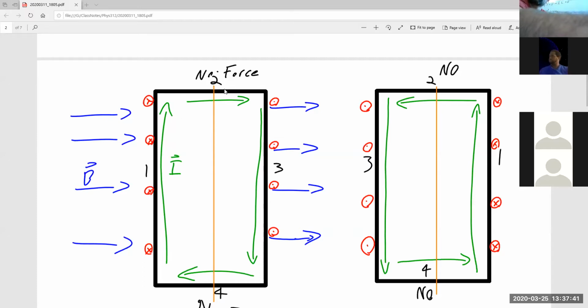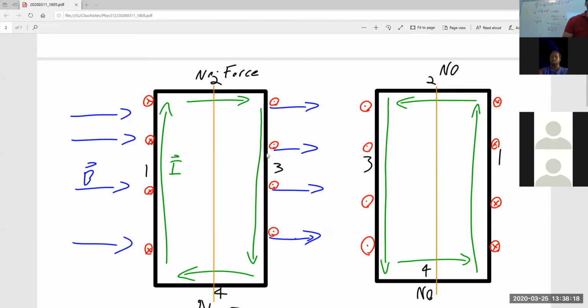We found that up here, what is the force on this one? So this is the current direction, and this is the magnetic field. So what is the force?